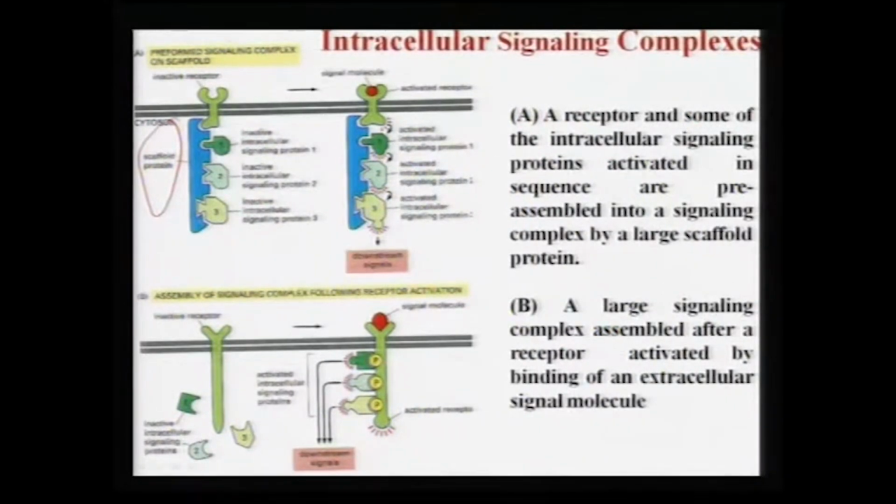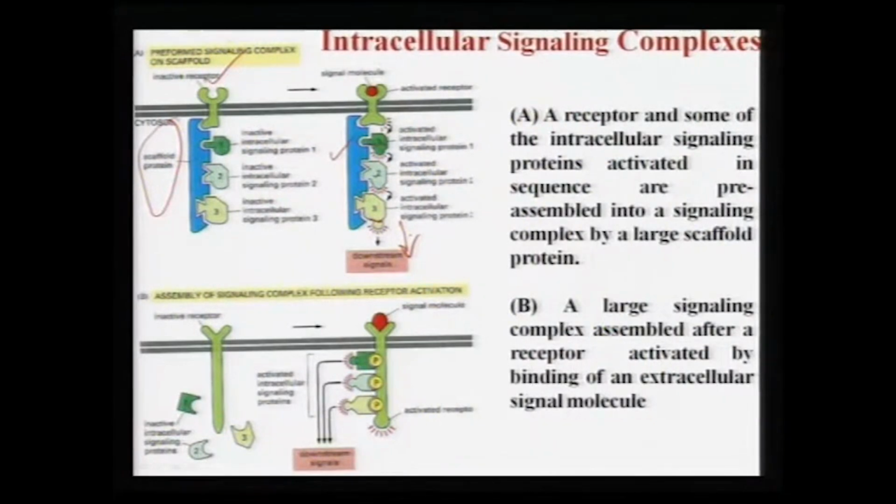Now, this is your inactive receptor. Once the signal molecule comes, this becomes activated. Activated means now the switch is on. Okay. Now, once the switch is on, it will also activate the scaffold proteins, and as a result these 3 protein molecules, 1, 2, 3, become activated, and subsequently the downstream signals also will be activated.